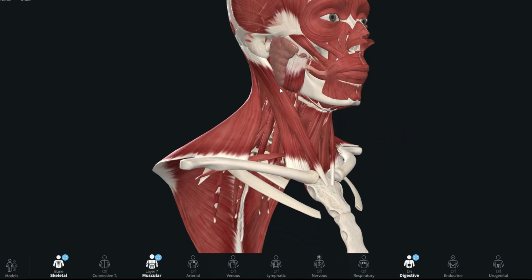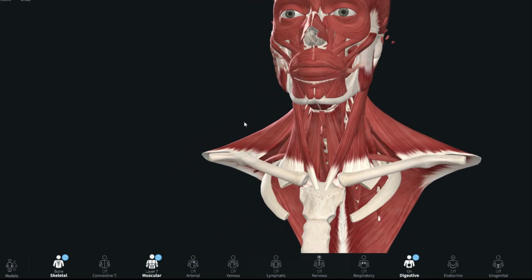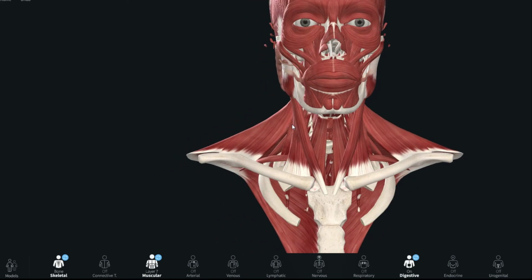Another cause for torticollis might be, if you remember, the sternocleidomastoid was supplied by the spinal accessory nerve. If that is irritated or injured, then that also might lead to torticollis. That kind of torticollis is known as reflex torticollis.